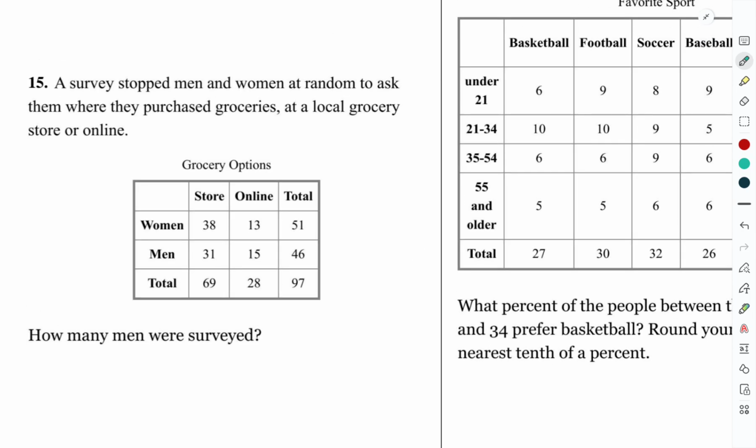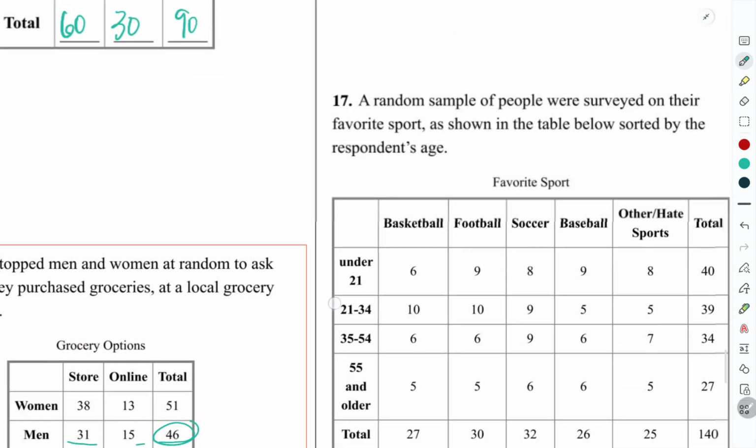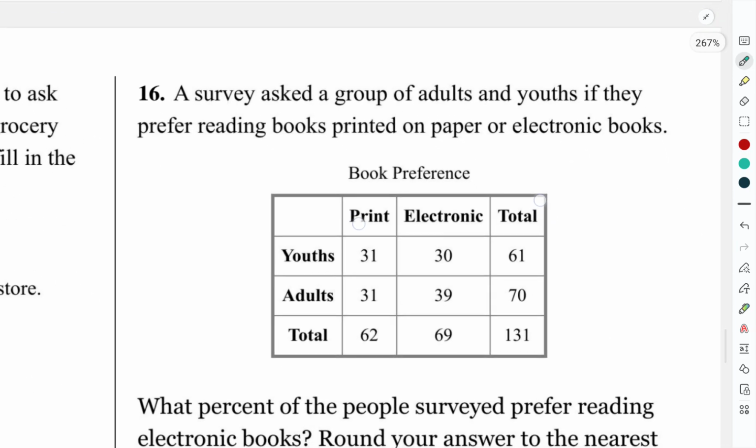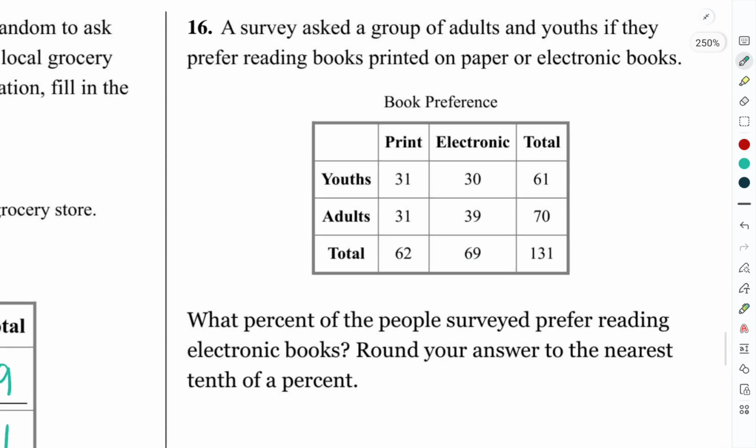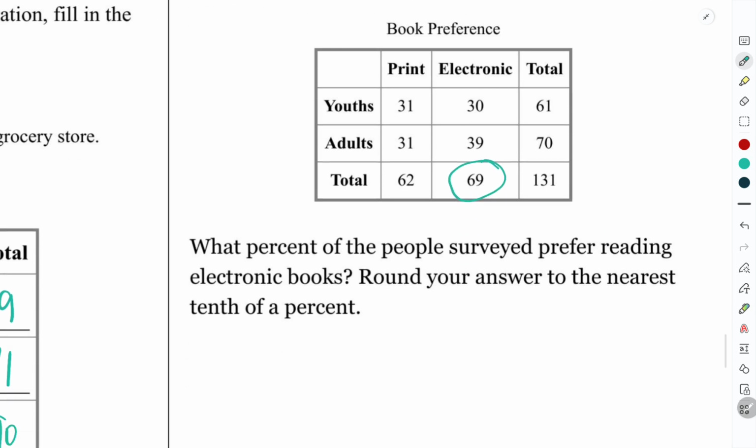In this survey, how many men were surveyed? Well, I'm going to look at my men, and there were 46. What percent of people preferred reading electronic books? Electronic books, that was 69 people out of 131. If I want the percent, that is part over your total.